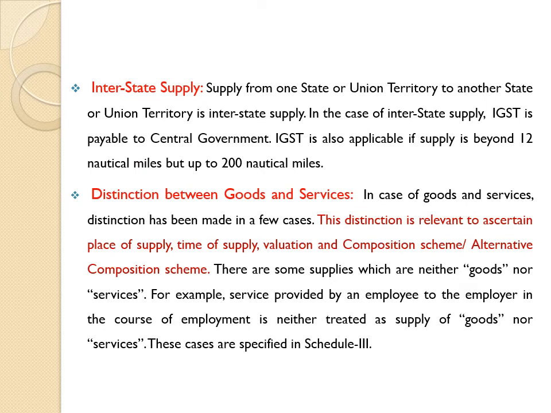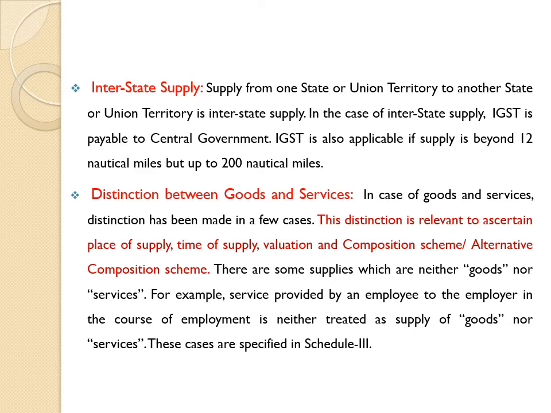Interstate supply. Supply from one state or union territory to another state or union territory is interstate supply. In the case of interstate supply, IGST is payable to the central government.